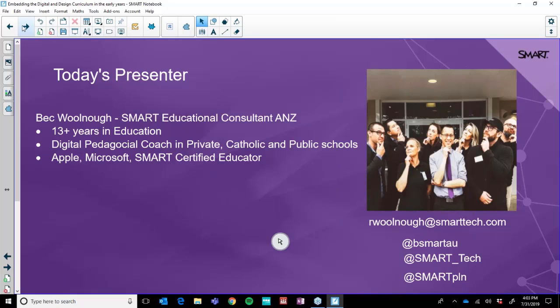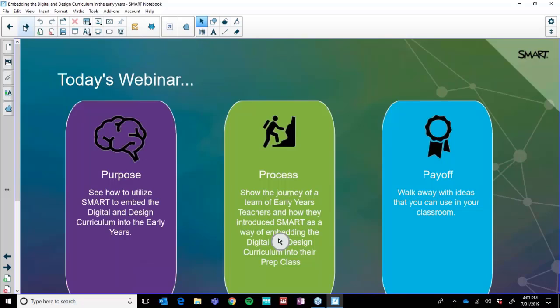Today, our purpose is to see how to utilise SMART to embed the digital and design curriculum into the early years. Our process will be to show the journey of some of our team of early years teachers and how they introduce SMART as a way of embedding the digital and design curriculum into their prep classes.